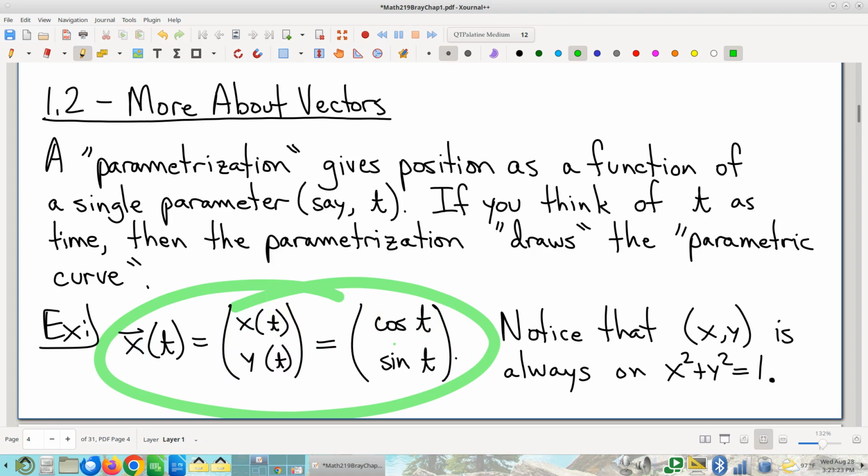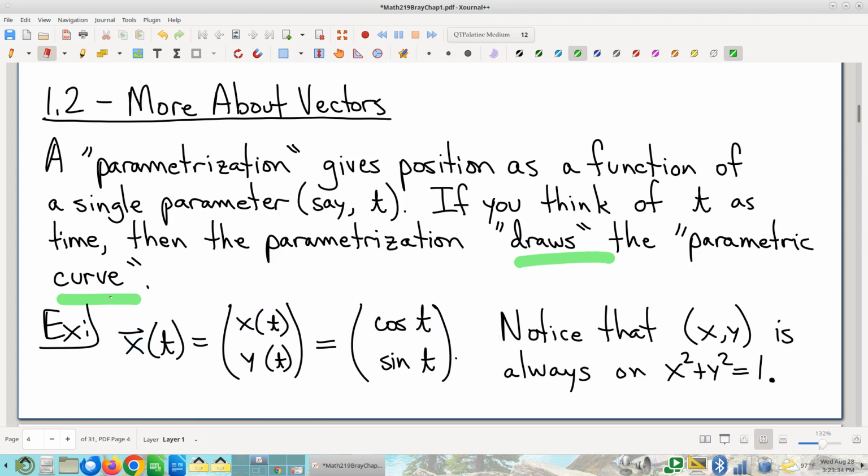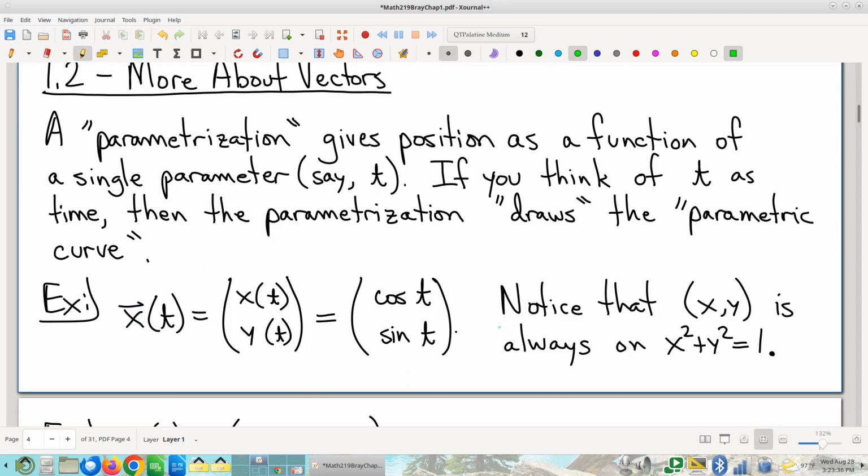Now, we've made the observation that parameterizations draw a curve. What curve is this drawing? Yeah, so somebody got it already. There's an idea here, and that is to recall that these formulas, we know a relationship. A lucky break. You don't always get this lucky, but we happen to have a lucky break here. We know a relationship between those functions.